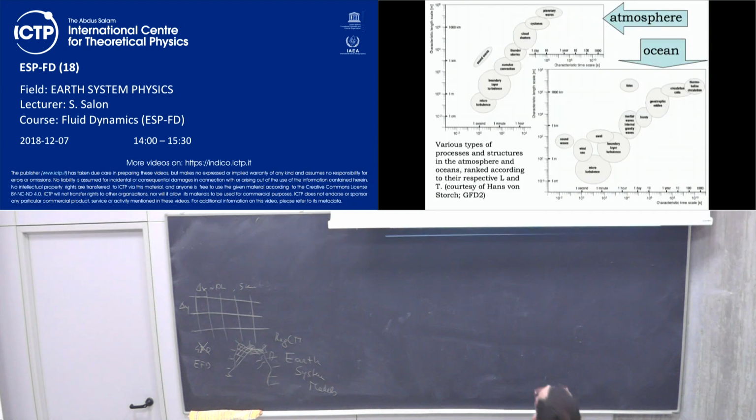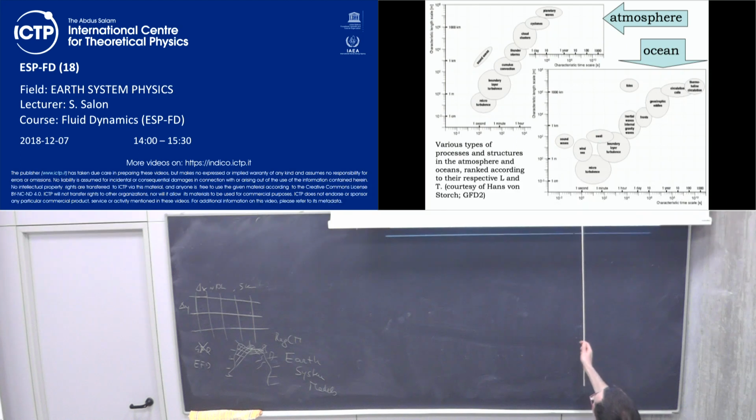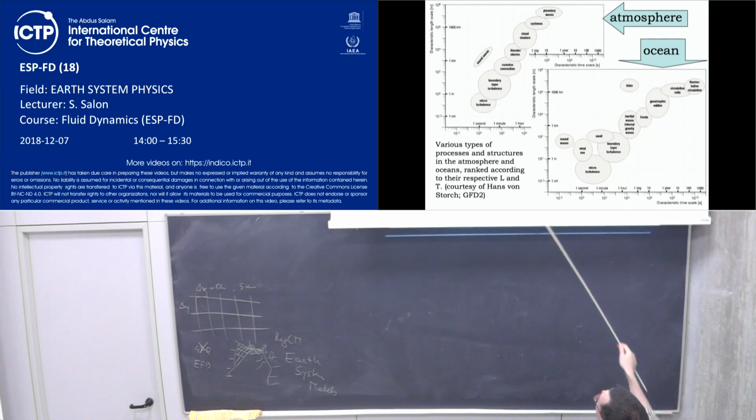In this plot, you see that most of the phenomena which are shorter than 1 hour, so within the Rossby limit, and shorter than 1 kilometer, are actually the ones which mostly affect our life.